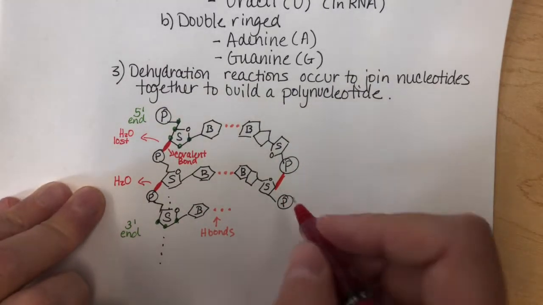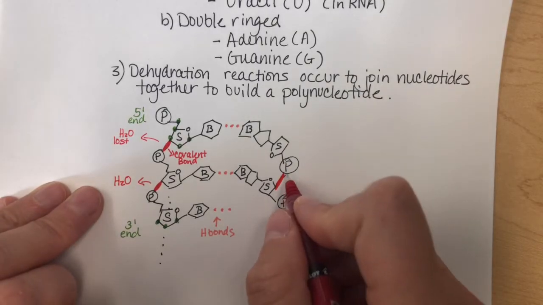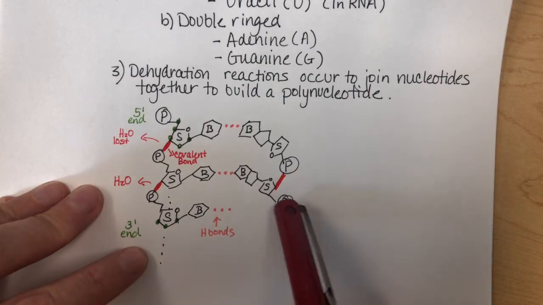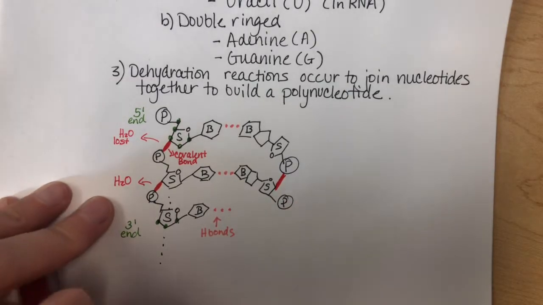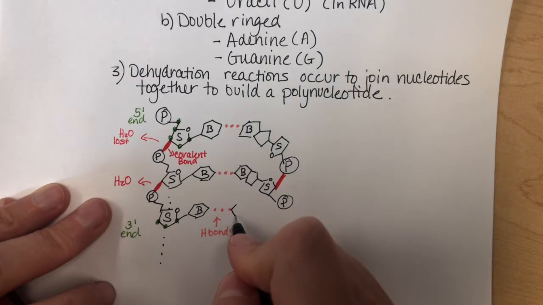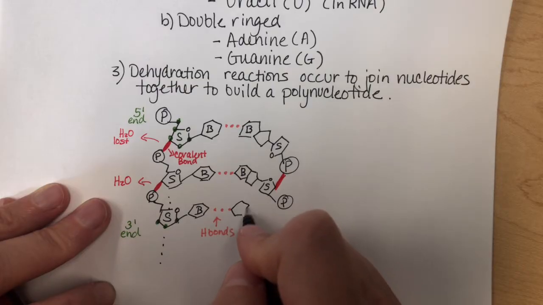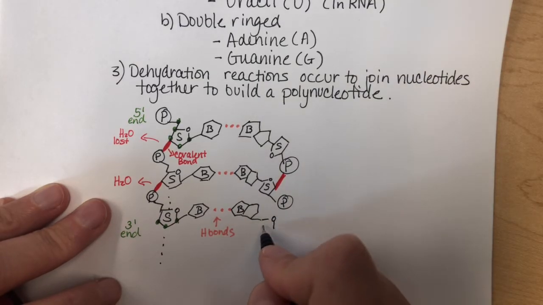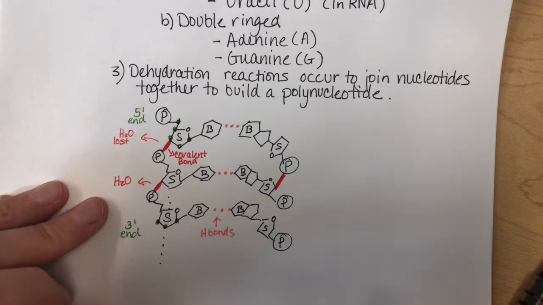That's your covalent bond there, just like over here. I've got one nucleotide, another nucleotide, and lastly my third nucleotide. You can get the idea here: base, sugar, and phosphate group.